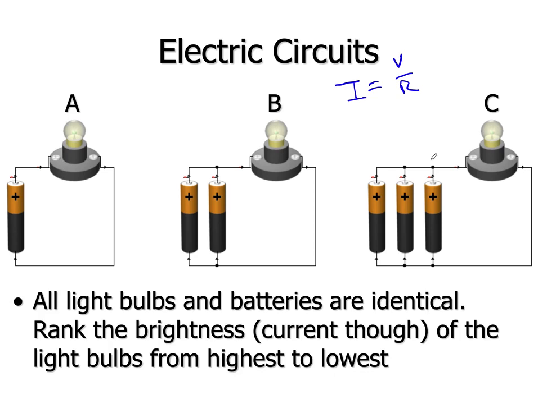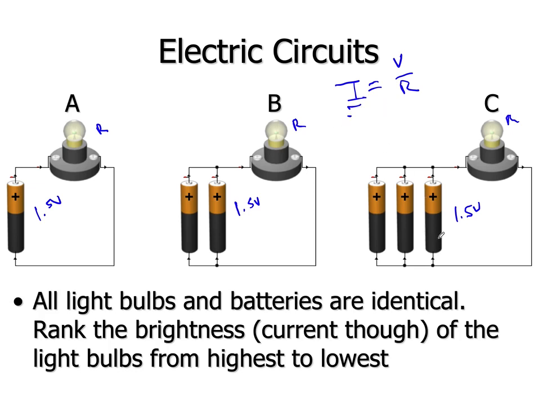And the correct answer is, they're all the same. Why? The electrical potential in each one of these cases is 1.5 volts. The bulb has some resistance R. Here, when I've got two batteries, it's still 1.5 volts because they're in parallel. This is still R. Here, it's still 1.5 volts. The resistance is R. And the current is going to be the same in all of these. You might say, but wait a second.